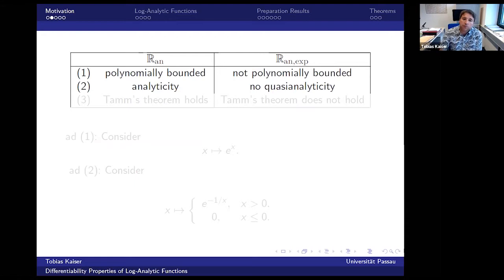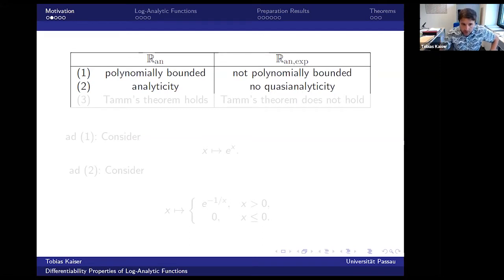In R_an we have phenomena of analyticity, so functions are quasi-analytic, and if they are C infinity, they are already analytic. In the second structure, we have no quasi-analyticity.